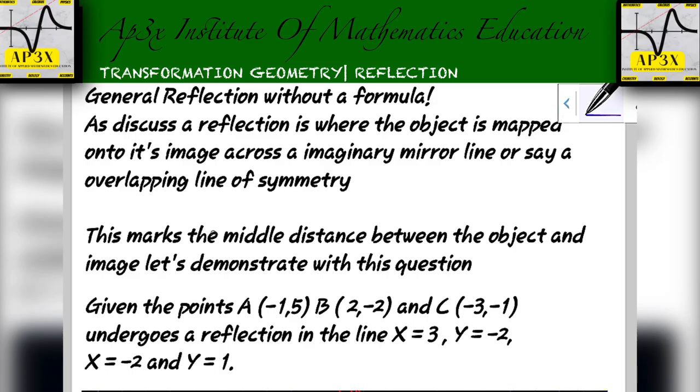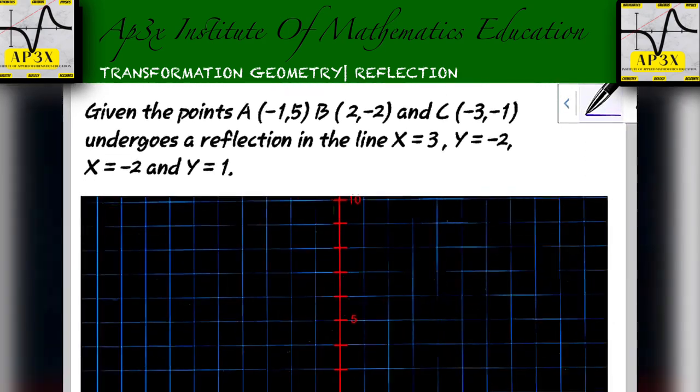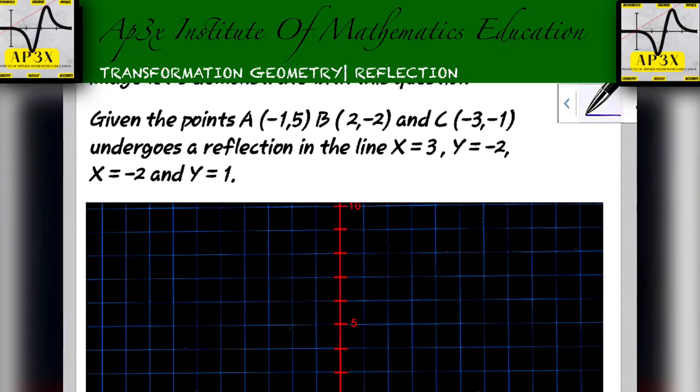Now this marks the middle distance between the object and the image, and let us demonstrate with this example how exactly we can reflect this object without a standard reflection. So this time we're not going to be reflecting it across the x-axis per se, or the y-axis per se, or the line y = x or the line y = -x. It can be literally anything.